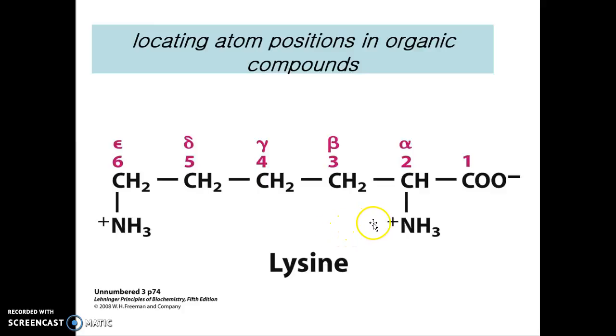We could locate atom positions as commonly used in organic compounds, starting with the Arabic numbers 1, 2, 3, 4, starting from the group of interest, in this case the carboxyl group.